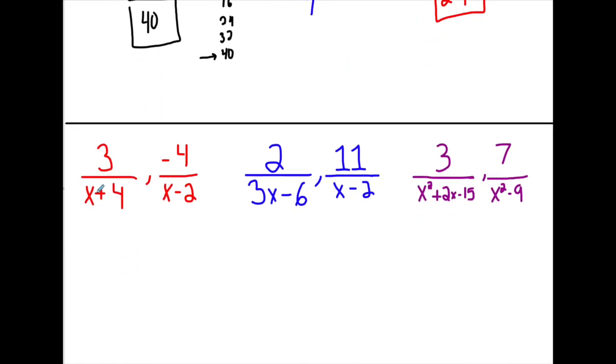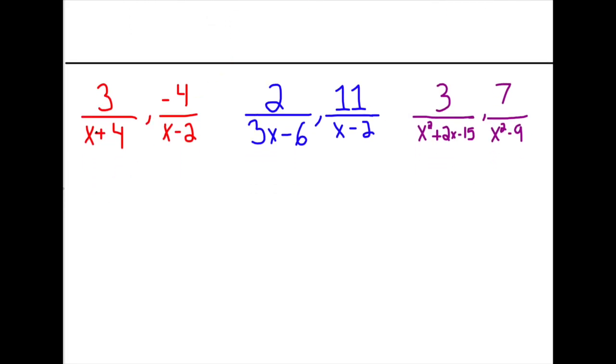Here, we have x plus 4 and x minus 2. These expressions are completely broken down and they don't have anything in common. So you simply take the two denominators and multiply them together.